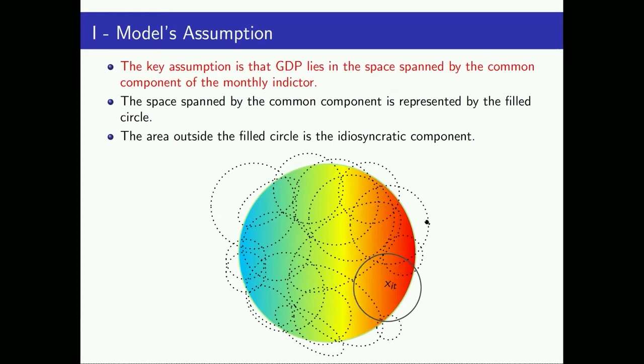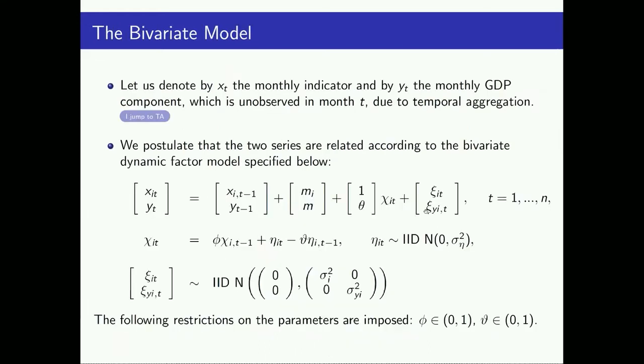Okay, that's our model. In order to identify the model, we need several restrictions to impose. First of all, we need to impose a structure for the common component, that is an ARMA process.